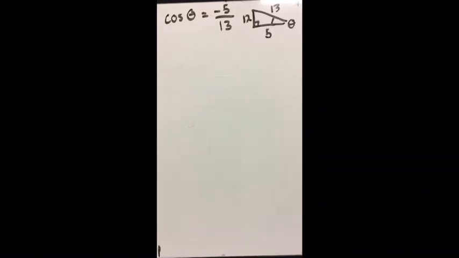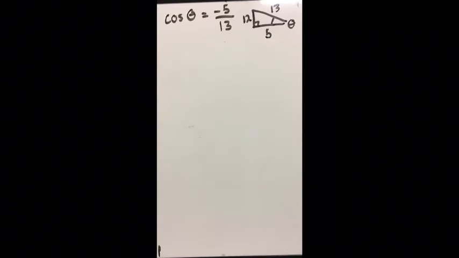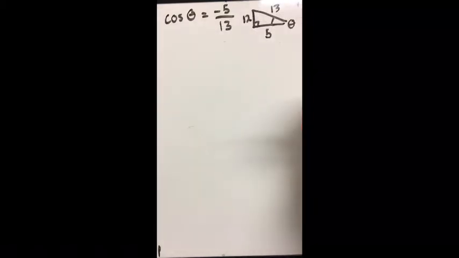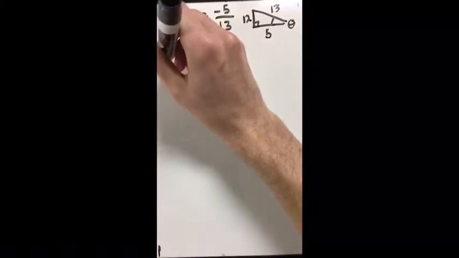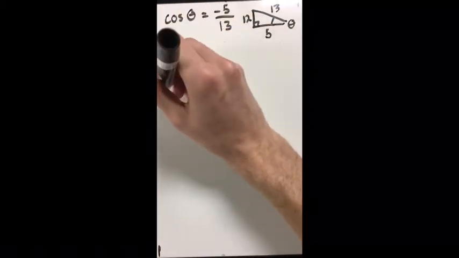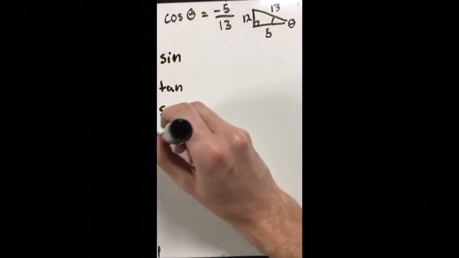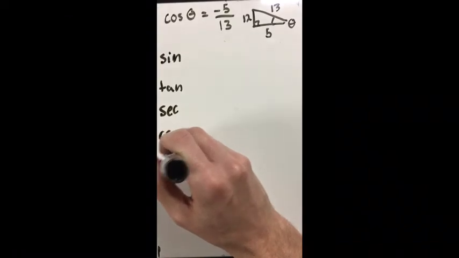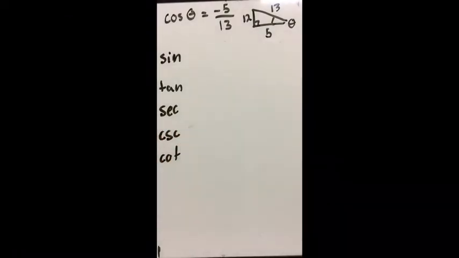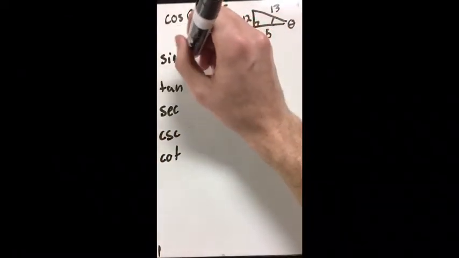Now that we have all of the side lengths of our triangle, we can find the trigonometric ratios for theta. So we already have cos, meaning we need to find sine, tan, secant, cosecant, and cotan. So, first sine theta.